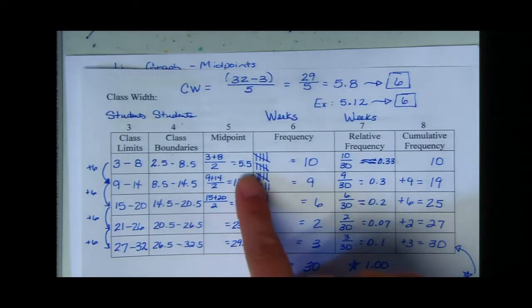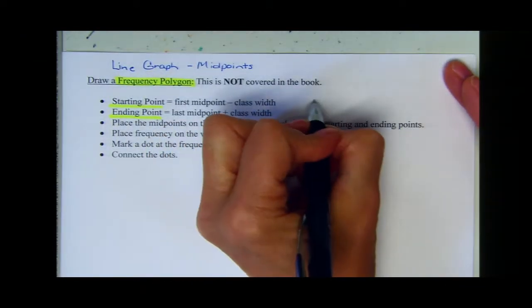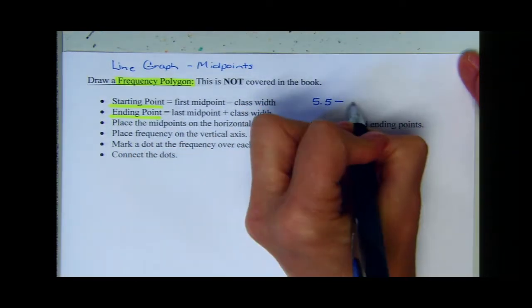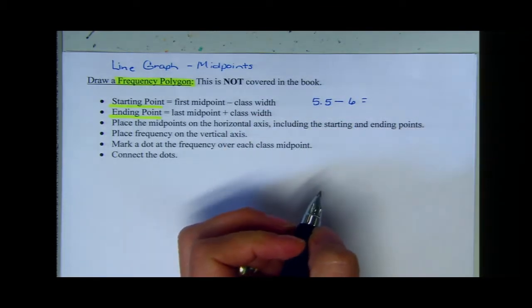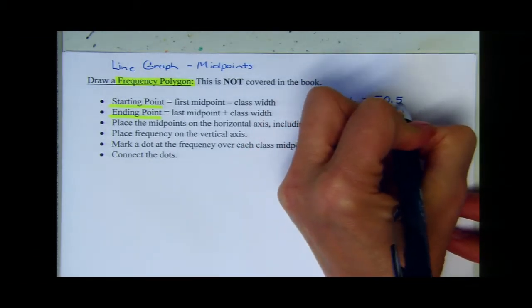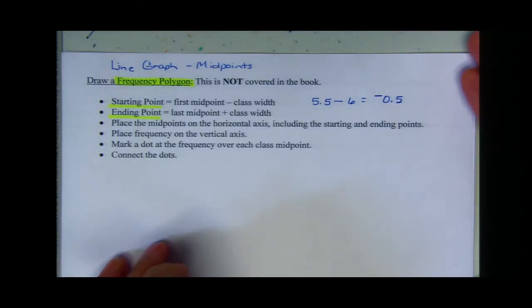Let me go back to my midpoints, and here is my first one, 5.5. So my first midpoint, 5.5, minus the class width, and the class width is 6 for this example. Notice when you take 5.5 minus 6, you get negative 0.5. And you're going, should I get a negative? Well, we calculated it correctly, so yes, getting a negative is fine.